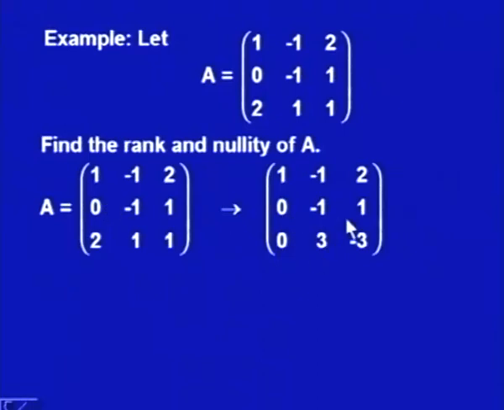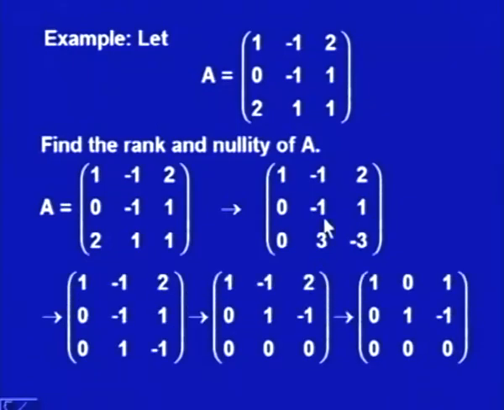So, this matrix is transformed to this, and by applying suitable elementary transformations, this will be reduced to this, and further this will be reduced to this, and from here we will go to this matrix.